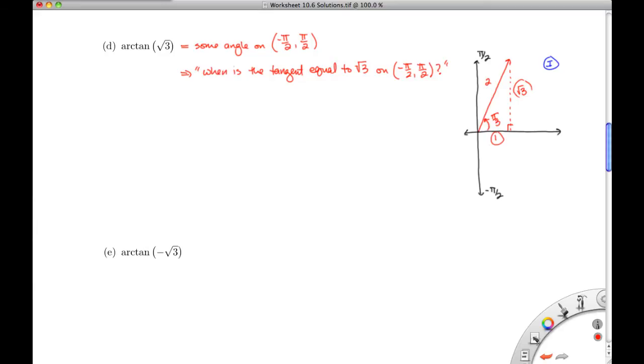So we know that since the tangent of pi over 3 is equal to the square root of 3, and since pi over 3 is on the interval from minus pi over 2 to pi over 2, then we can say that the arctan of root 3 is equal to pi over 3.